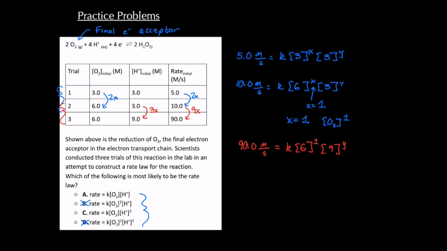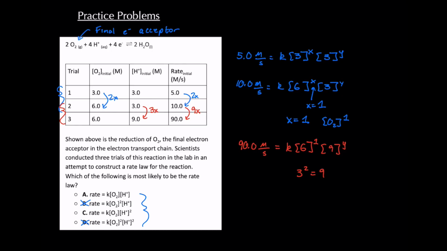However, it stands to reason that if we have tripled our concentration of H plus and then multiplied our rate by 9, that our Y has to be 2, because 3 squared is equivalent to 9.